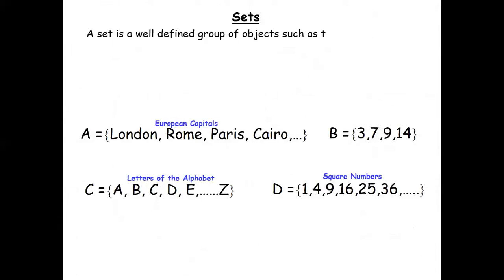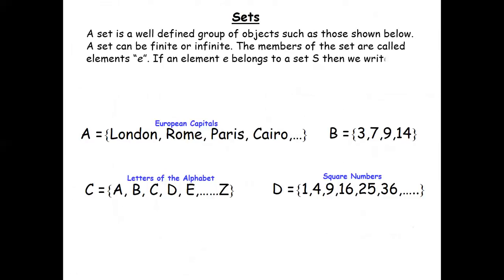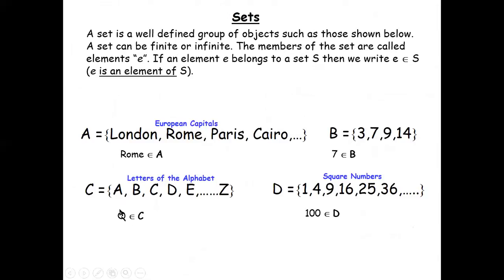So yes, as we saw from yesterday's lesson, here we can say Rome is an element of A. For B, we can say 7 is an element of B. And here, Q is an element of set C, the letters of the alphabet.